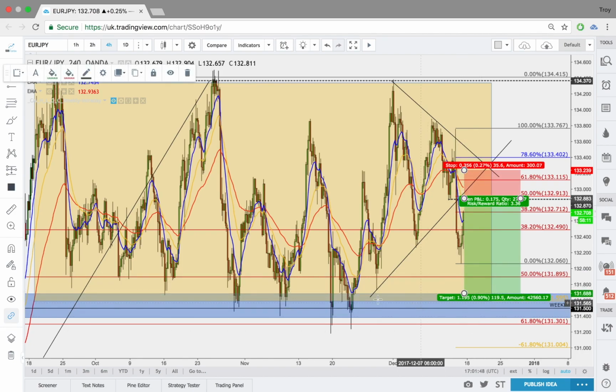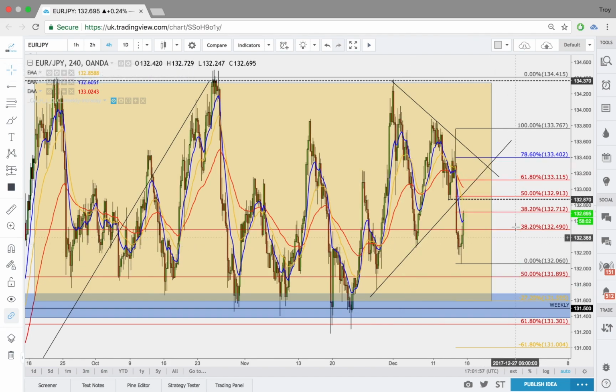It's much confluence with these wicks here, the weekly level, or weekly area of support, I should say. So you can see, this just shows how we can label Fibonacci on different time frames.